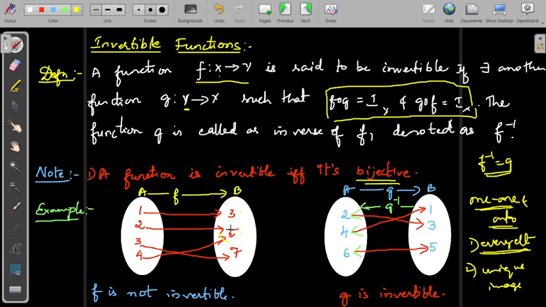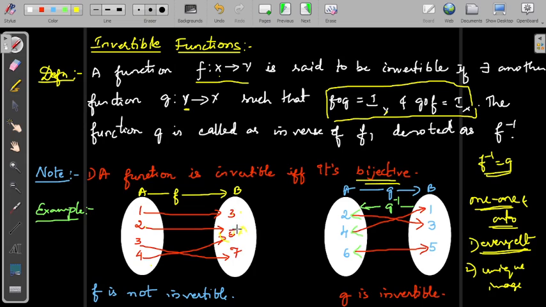Distinct elements are not having distinct images, so I can't assign 5 to a single element as per the definition of f. 5 is going to two different elements at a time. Though 7 goes to 3, this is violated for the element 5. Hence I can't define the inverse of this function. The second condition of the function doesn't hold, hence it is not invertible. Or else you can say that it is not one-one, hence it is not invertible.